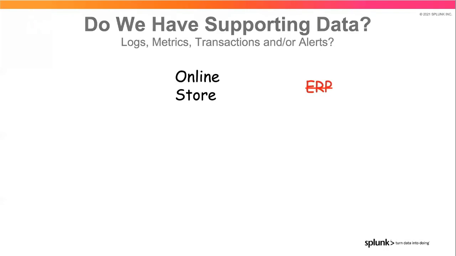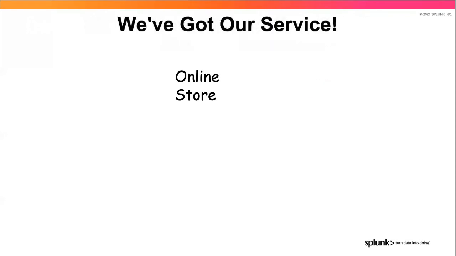Okay, so our ERP system, while it might be a great business service to model, we don't have that data in Splunk. And so we are going to focus in on the online store as the service that we are going to do some service decomposition on. Chris, anything you want to add so far?